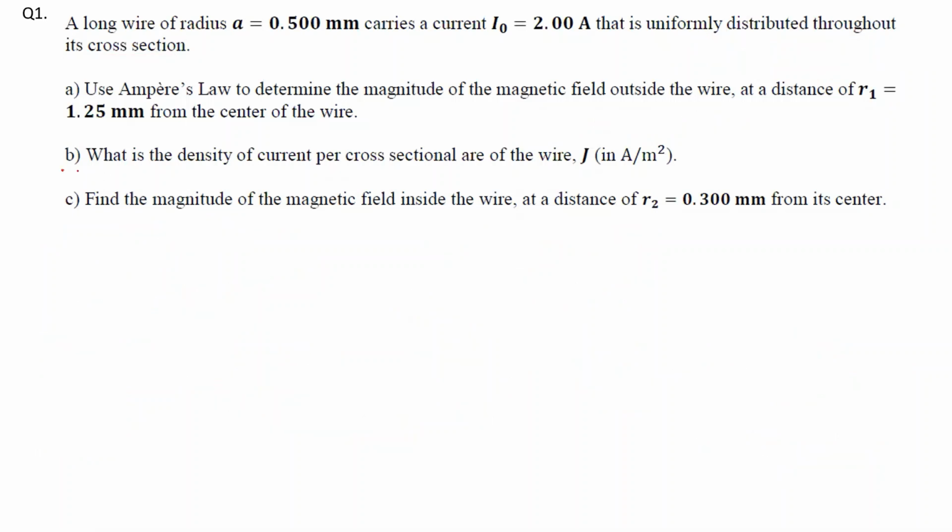So in part B, they are asking us to calculate the current density. How do we do that? I'm going to draw the wire on a bigger scale. This is my wire with radius A. This is my cross section, the cross section of the wire.